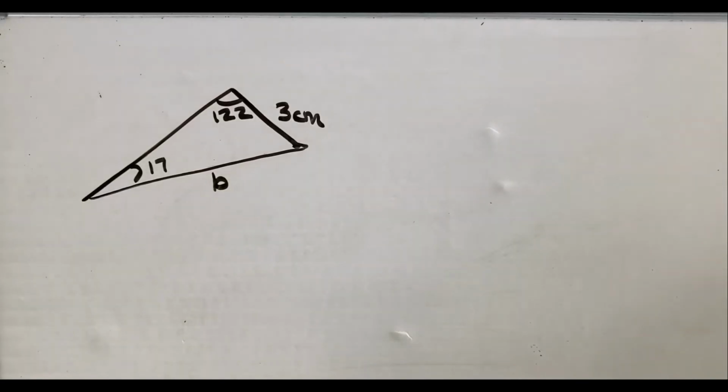You can see I have another example here. We're given two angles, 122 degrees and 17 degrees, as well as one side, 3 centimeters. So therefore, this triangle meets our sine rule missing side specifications. And we know we're looking for b, which is opposite 122. Now let's label the triangle.